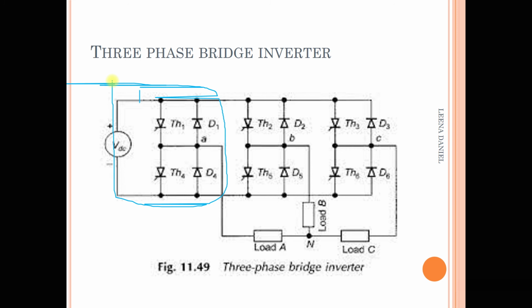So what we have done in the three-phase inverter is we use three such circuits. One is this, another one is this, and the third one is this. So when we connect three half bridge inverters back to back, we can create a 3-phase supply across the load.